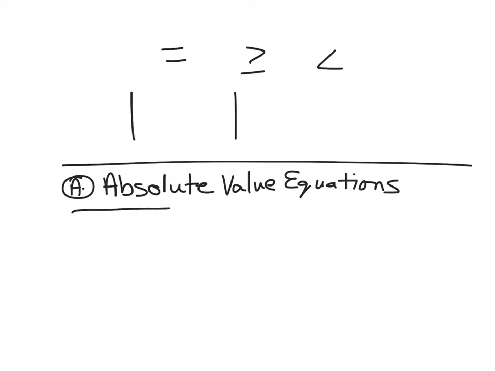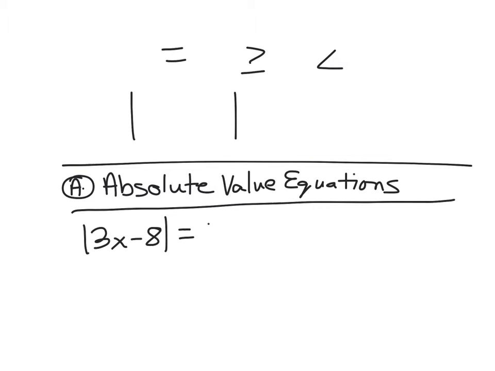So an instance like this would be if I had, for instance, the absolute value of 3x minus 8 is equal to 12. I'm going to think about what values of x make that true.